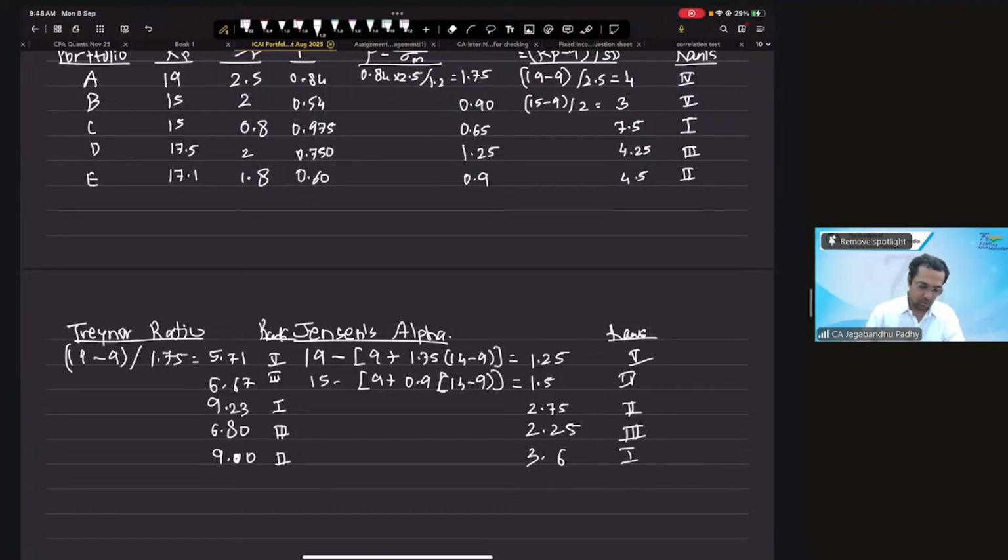Okay. Now it's time for certain MCQs before we complete the session today. So let me just quickly share with you the MCQ file.